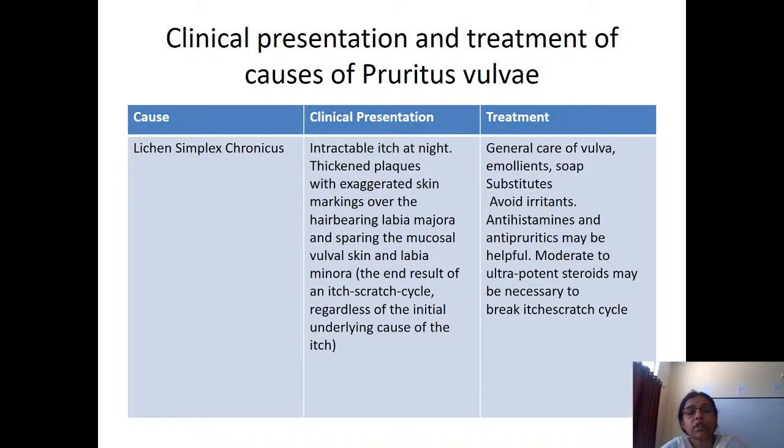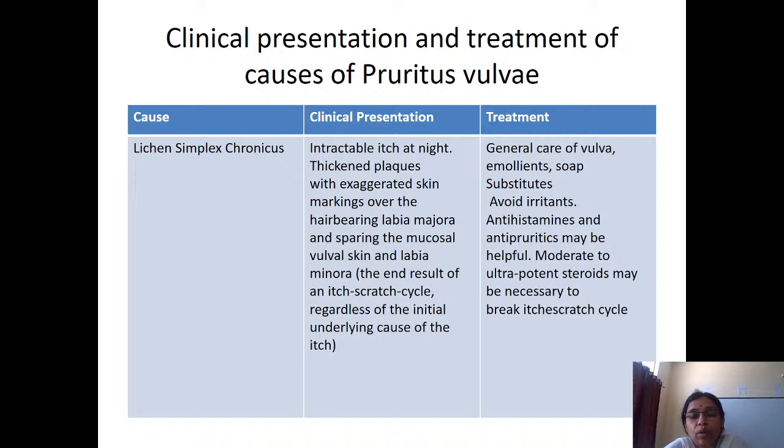So coming to lichen simplex chronicus, again the woman will have intractable itch, particularly at night. When we examine these women, the plaques will be very thickened, and the skin markings tend to be very exaggerated, particularly over the labia majora, and sometimes the mucosal vulval skin and the labia minora may be spared.